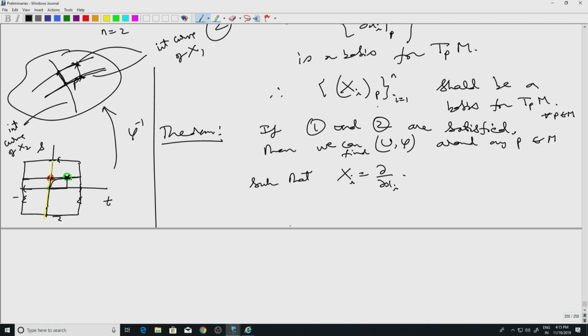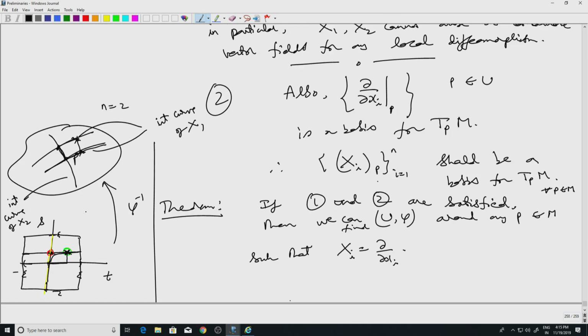This condition that the flows of x1 and x2 should commute turns out to be precisely equal to the condition that the Lie bracket of x1 and x2 is 0. And the way one sees that is via the Lie derivative.